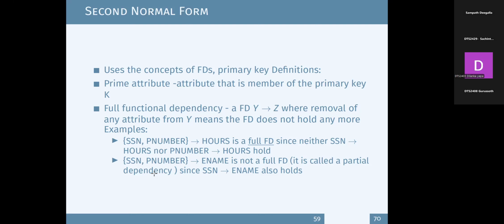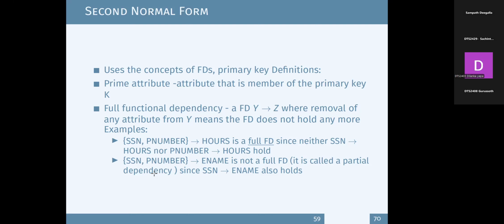Then any attribute which does not belong to a primary key or candidate keys should fully depend on the primary key. We call this fully functional dependence.